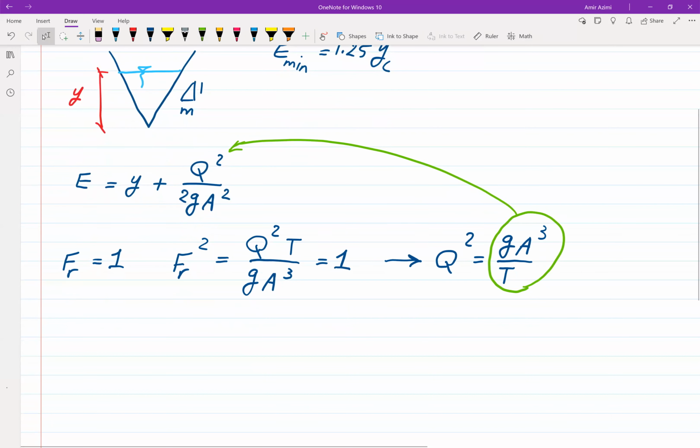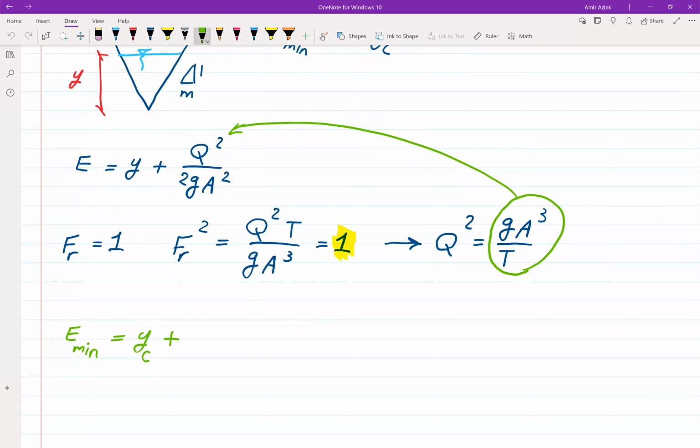Because I assume that the Froude number is equal to 1, now the minimum energy is equal to critical depth plus, instead of Q square, I'm going to use G AC to the power of 3, so it's critical area, divided by 2G AC square times TC.